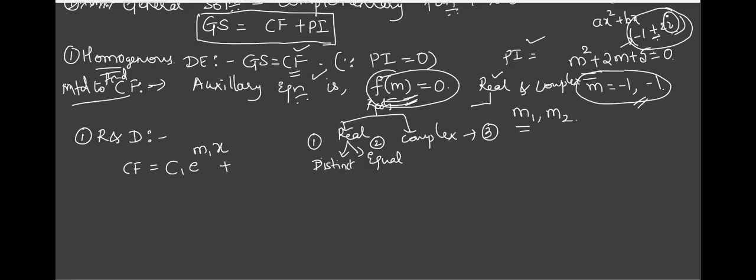Plus, you have one more root m2. Can you guess how to write it? Similarly, c2 e raised to m2x. The part is clear?